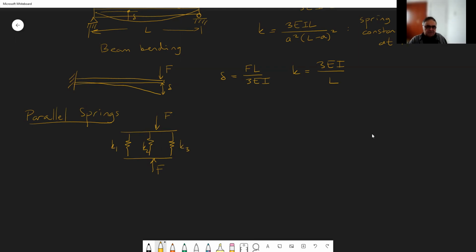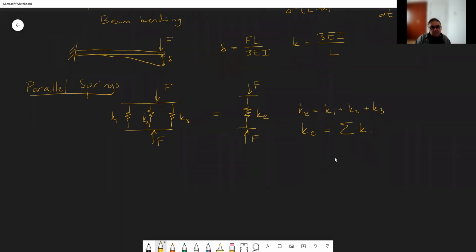Obviously, these springs make the total system stiffer. So if you find the equivalent spring of this, KE is going to be the addition of these springs, K1 plus K2 plus K3, or in general, KE is simply the sum of Ki, right?